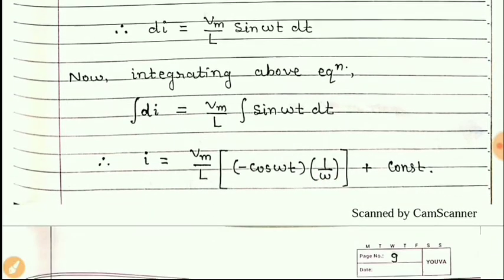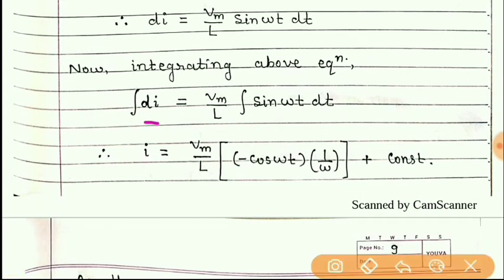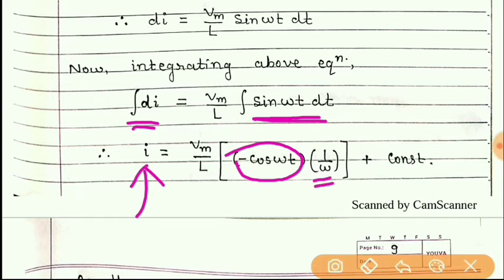Now students, integration of di is I, and integration of sin omega t dt is cos omega t into 1 upon omega.